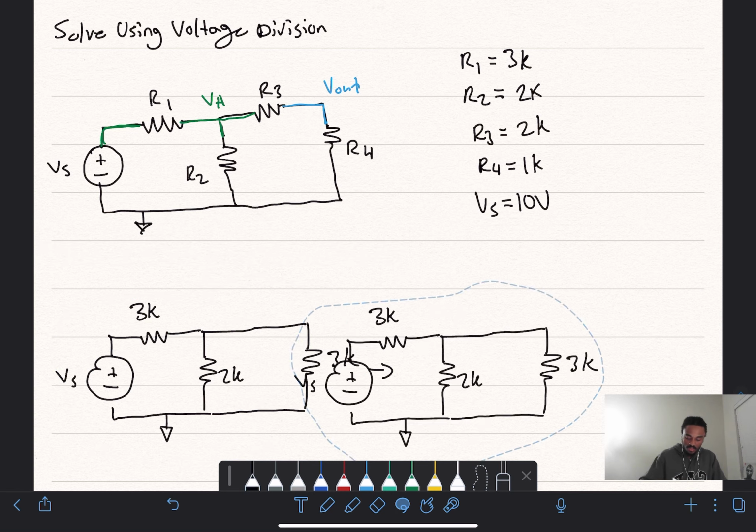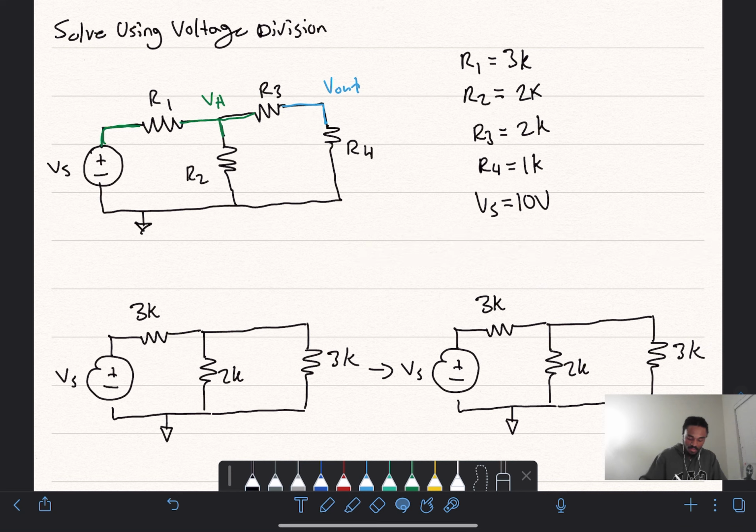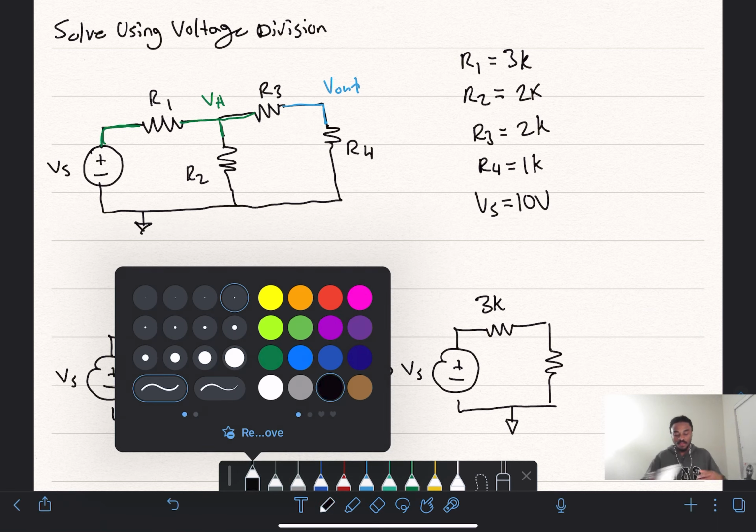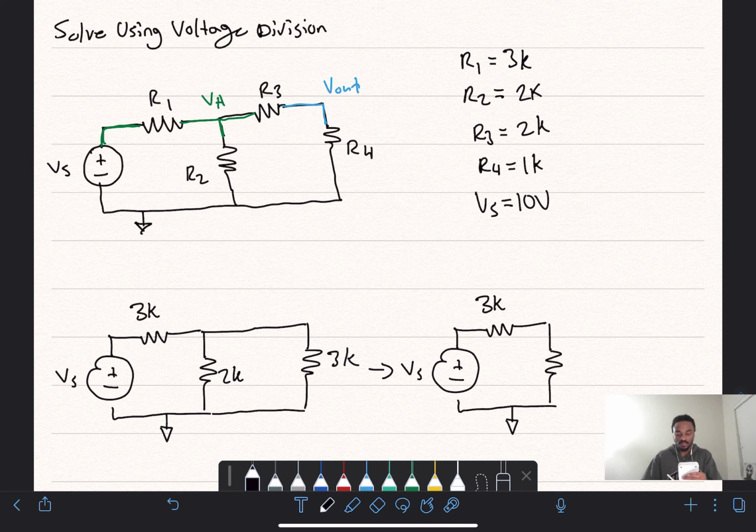So another quick simplification, I'll just copy this over, and then this will simplify. We can either do product over sum, or however you want to do the math for this.